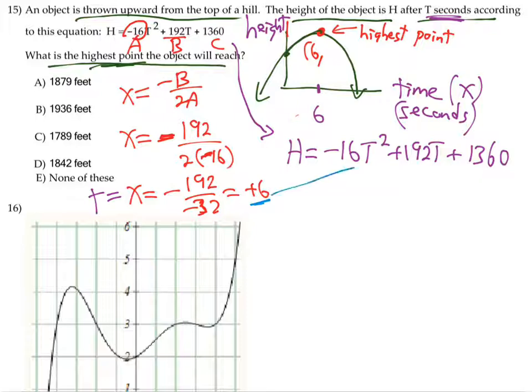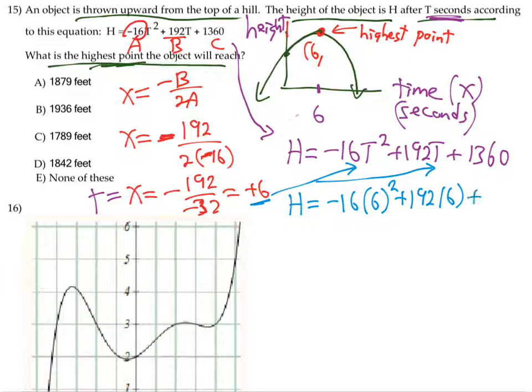Plug in 6 right there and right there. So the height will equal negative 16 times 6 squared plus 192 times 6 plus 1360. So hit the buttons on your calculator.